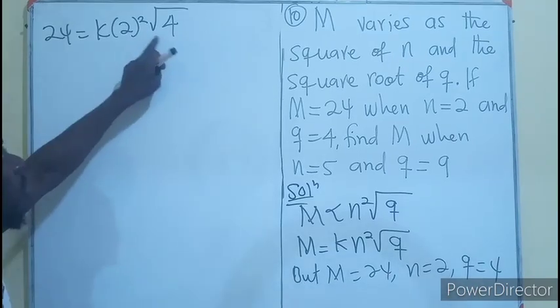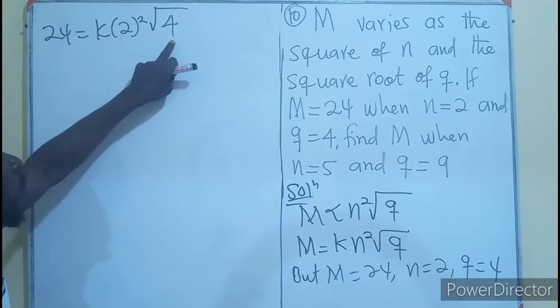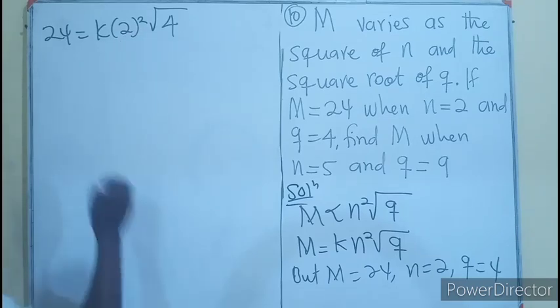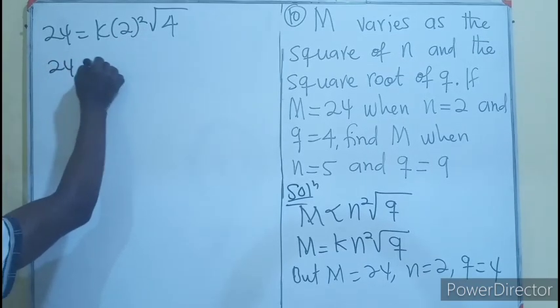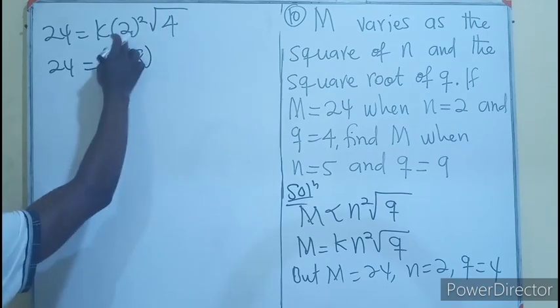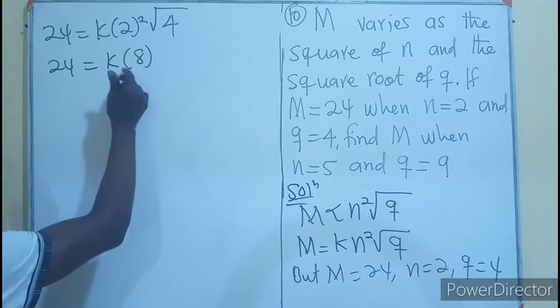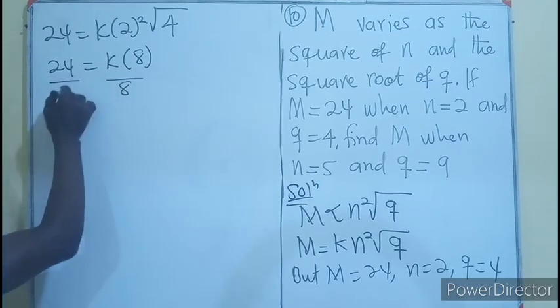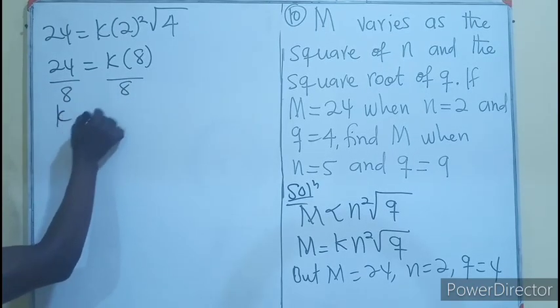The root of 4 is 2, and 2 squared is 4. So I'll be having 24 equals k multiplying 8. 4 times 2, that will be 8.